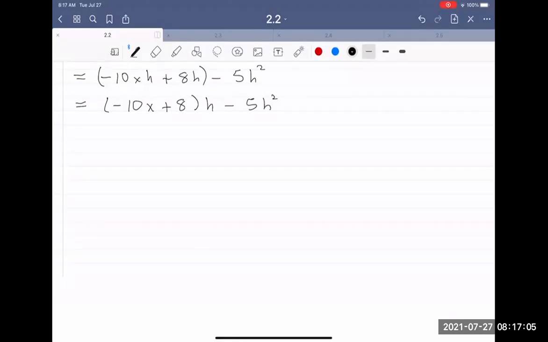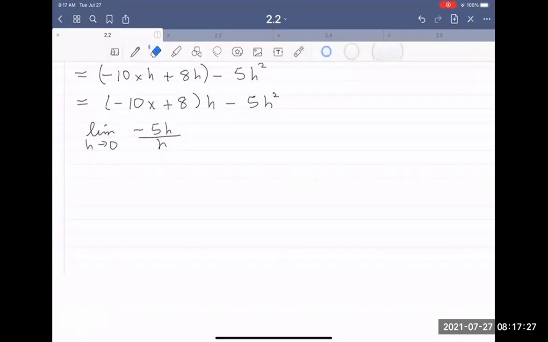And note the following. The limit as h approaches 0 of negative 5h squared over h, well, one of the h's cancels.